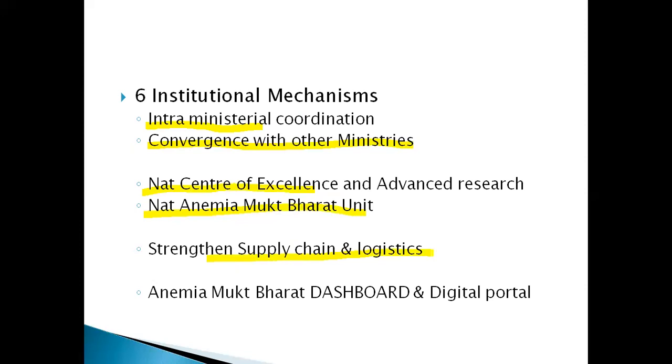As I said earlier, supply chain and logistics for testing, for treatment, for prophylaxis, and also for your behavior change communication or your health education activities. And for monitoring and evaluation purposes, there is this proposal of the Anemia Mukt Bharat dashboard and the digital portal.